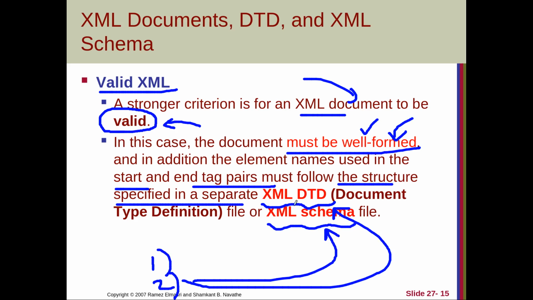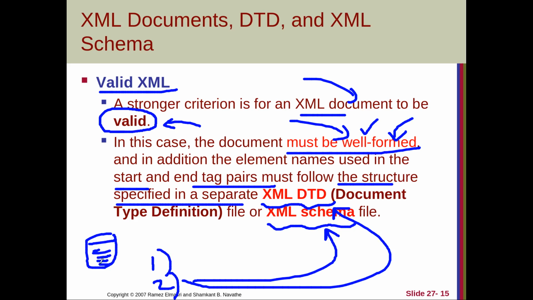Generally this XML DTD and XML schema consist of some conditions, some additional specifications that are to be followed other than the conditions given in the well-formed XML document concept. So it must be well formed, it must follow the declaration and all the start and end tags, all those basic things must be followed with valid XML also.